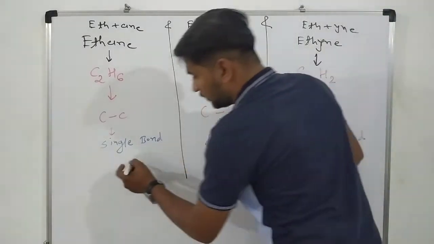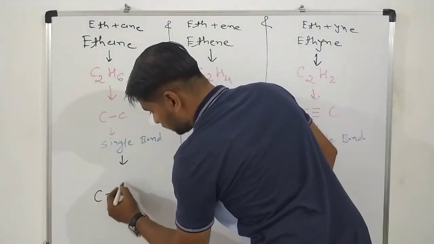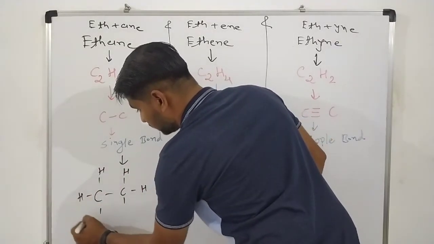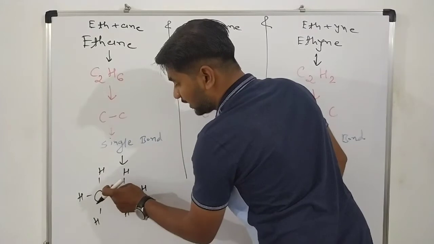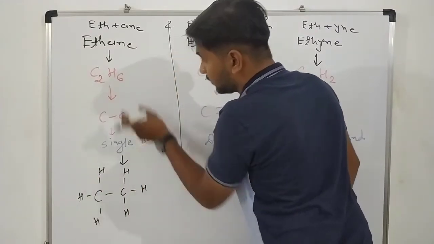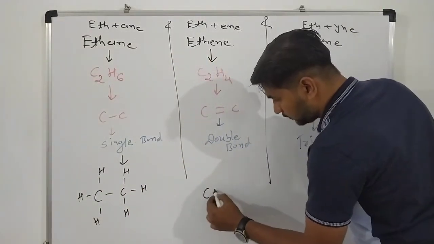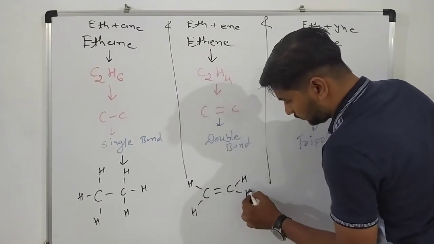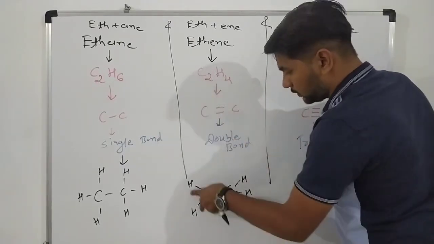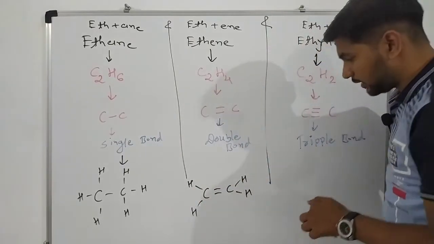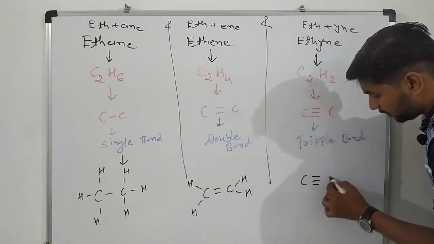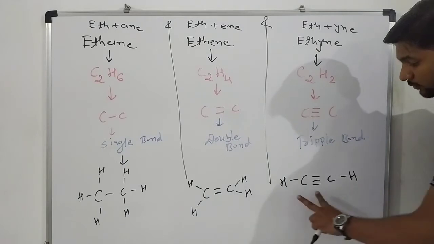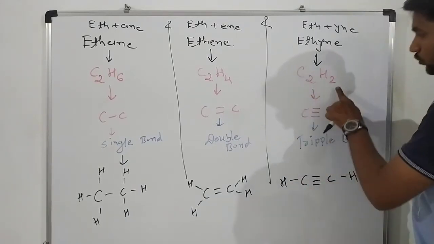We can also draw the structure with all valencies satisfied with hydrogen. You can count like C2, 3 3 6, C2H6, here C2H4. Okay, simple. Here C triple bond C, only one hydrogen on each, C2H2.